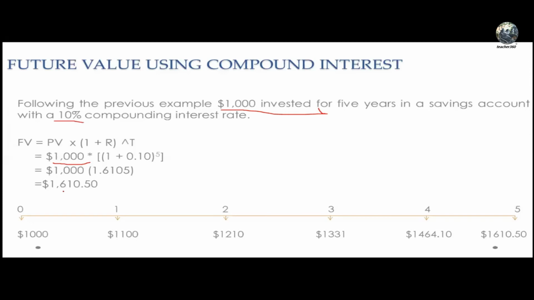So here $610.50 is your compound interest and 1,000 is your principal amount or invested amount. Altogether, your future value is $1,610.50.